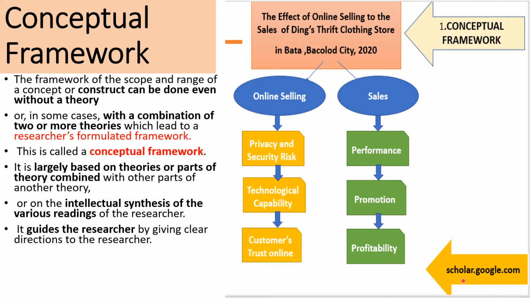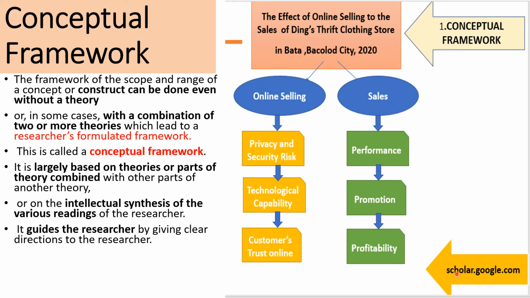So the Google Scholar will help me to explore all these ideas and concepts, because Google Scholar, I think, is the easiest and most convenient way of searching the online databases and online libraries.